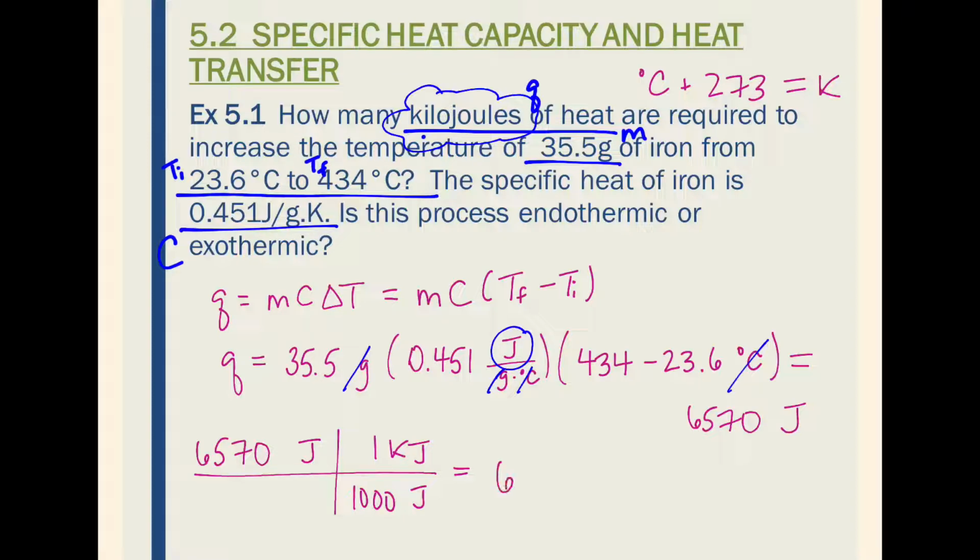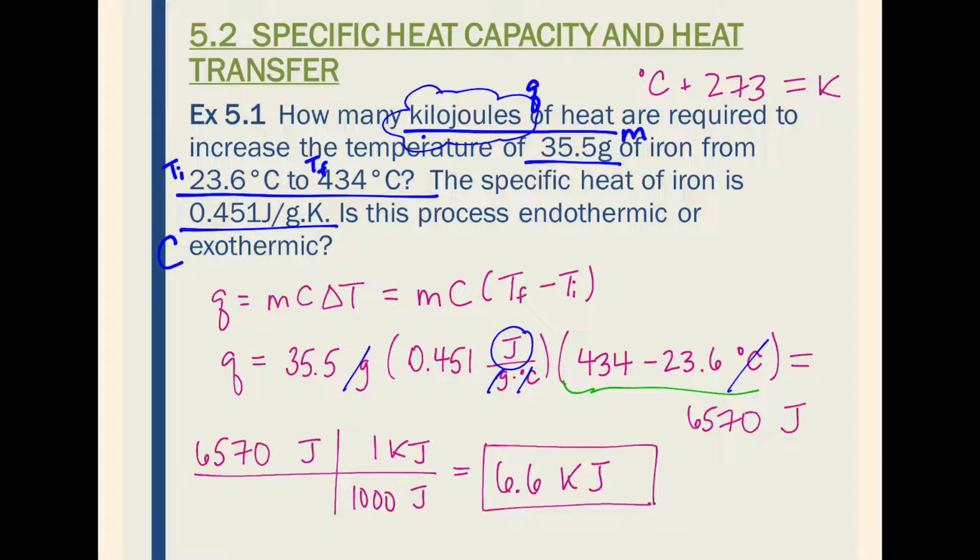Now, my answer here, I'm going to write as 6.6 kilojoules with 2 significant figures. Now, why am I doing that to 2 significant figures? Quick reminder here, when we are doing our work, I do have this subtraction here, and when we subtract, the rule is we look for the lowest number of decimal places. So 434 does not have any decimal places.